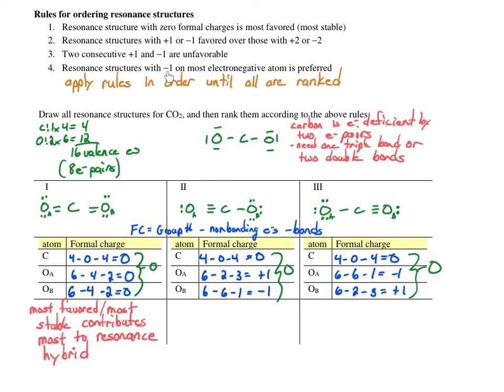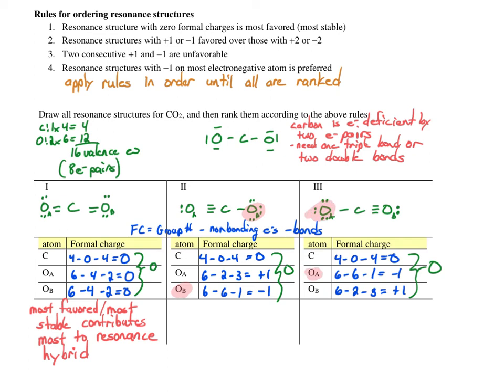Resonance structures with -1 on the more electronegative atom are preferred. So if we look down here, we see that the -1 is associated with oxygen B on this structure, and it's associated with oxygen A on this structure.